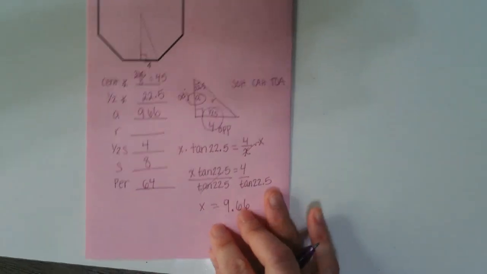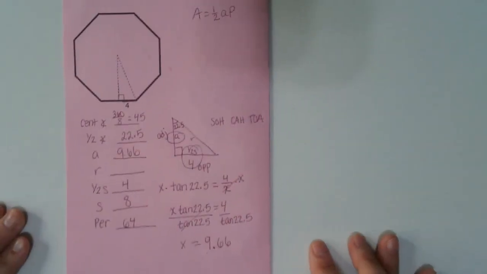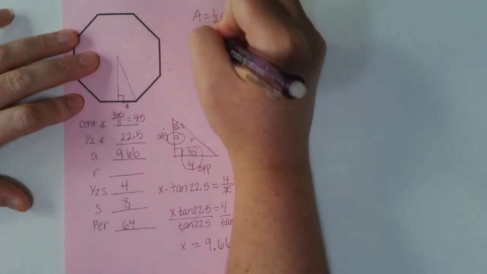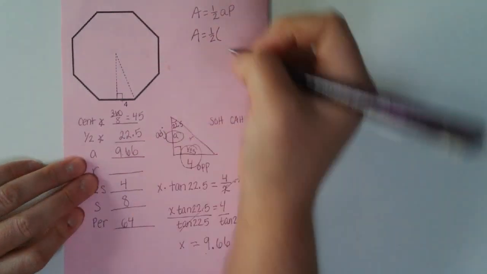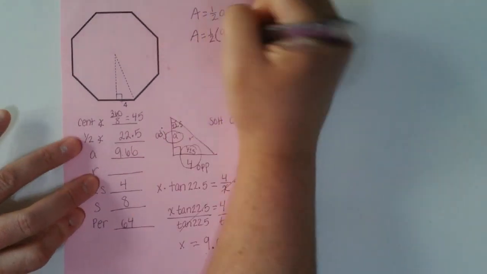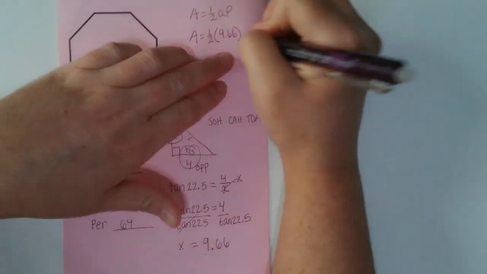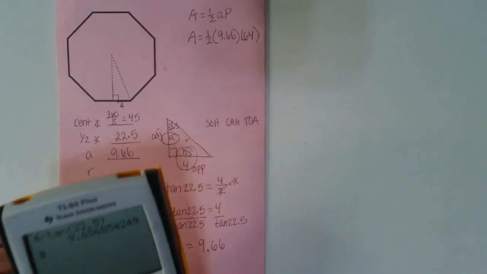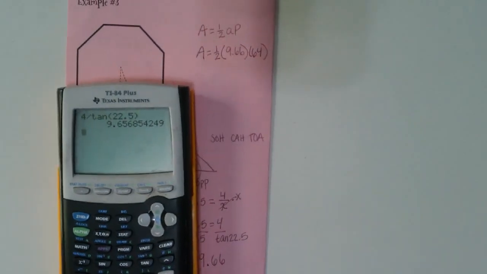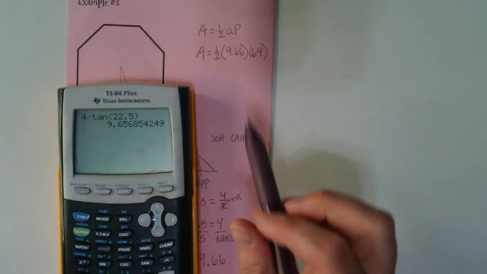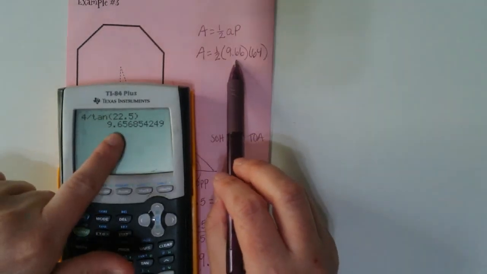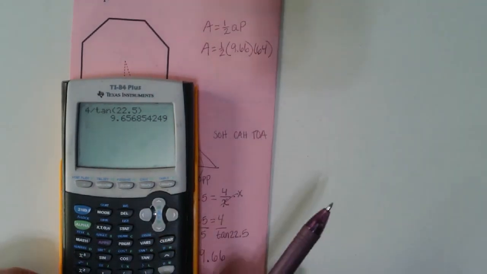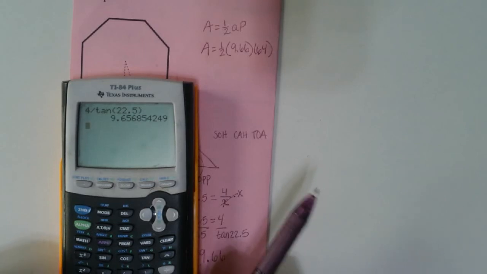Now, you can find your radius if you'd like, but we don't need that because your formula is 1/2 AP. So 1/2, well, my apothem is 9.66, and my perimeter is 64. Now, two ways to do this. If you want exact, then you can just take this number and then put times 1/2, and oops, that didn't work.